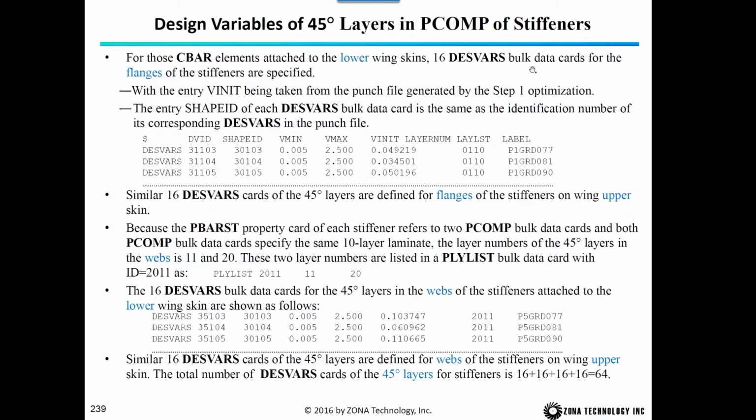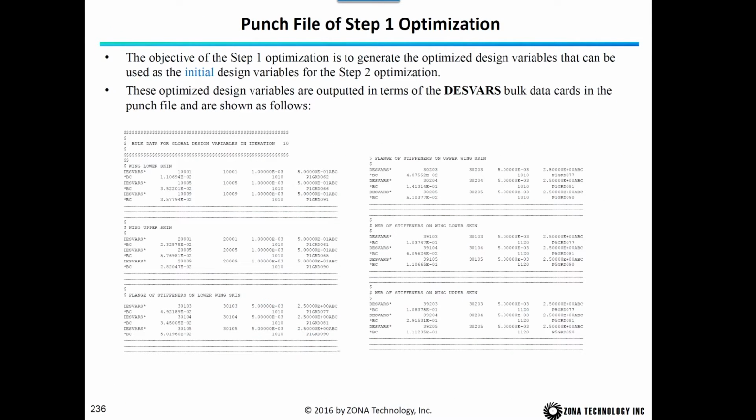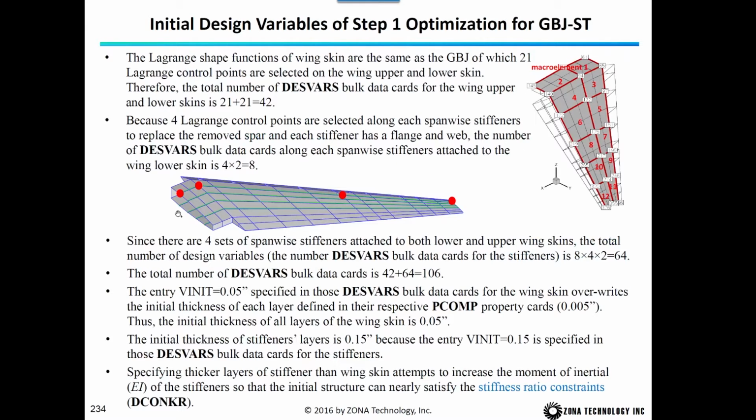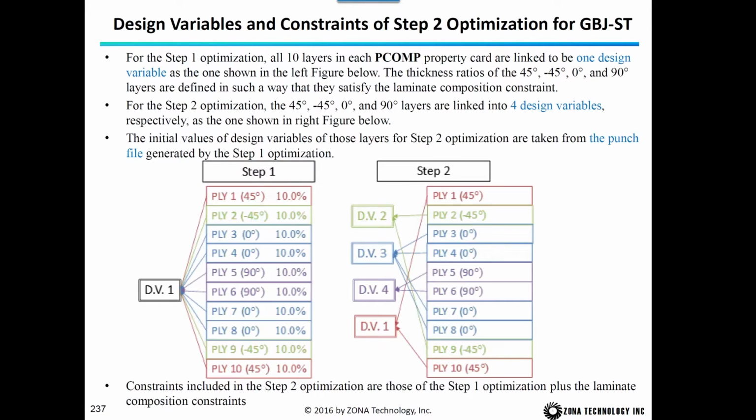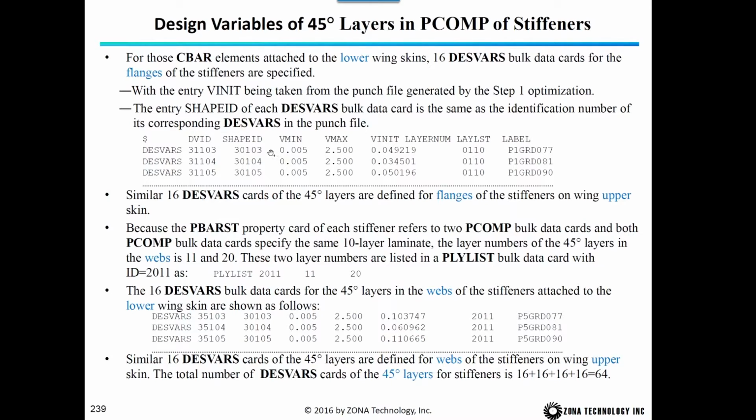16 DESVAR cards for the flange of the stiffener are specified, because now we have 4 design variables. Because we have 1, 2, 3, 4 control points, and each control point has 4 design variables.